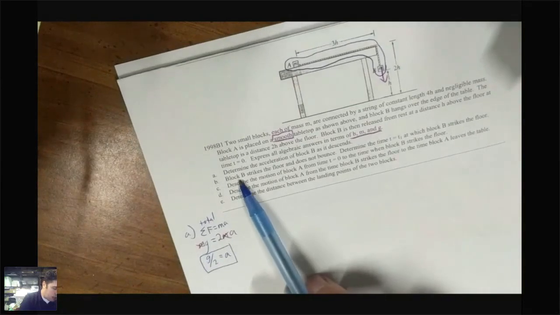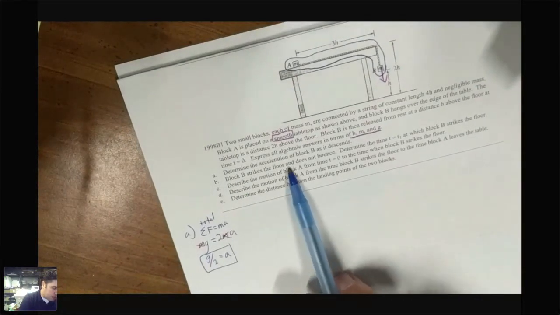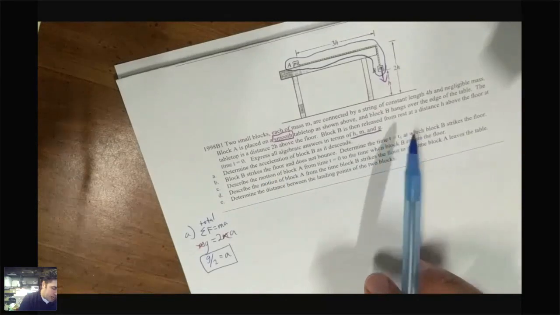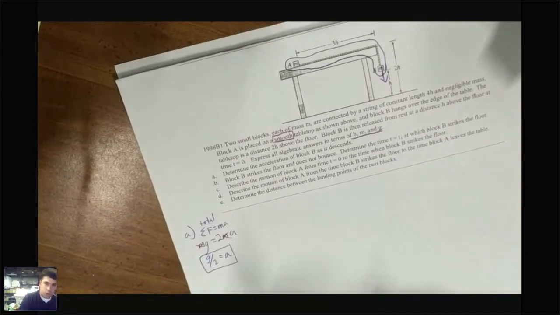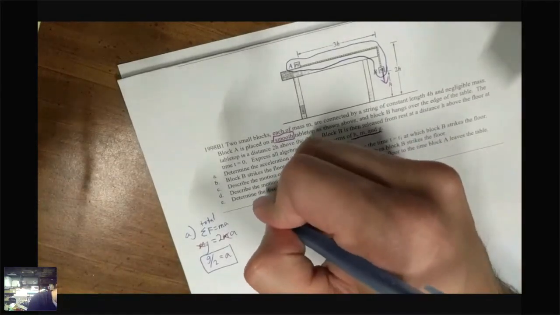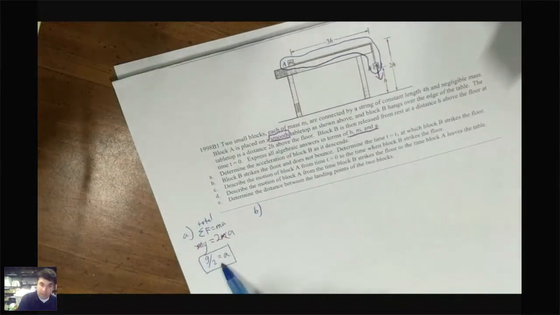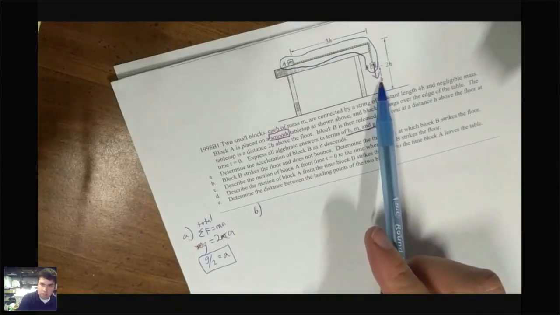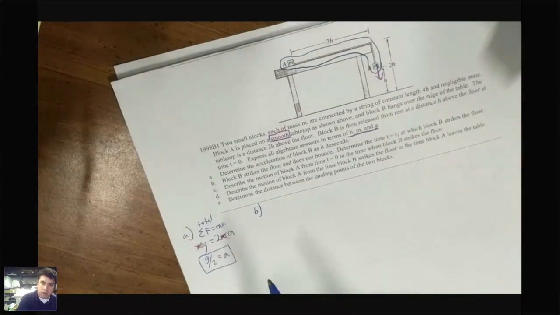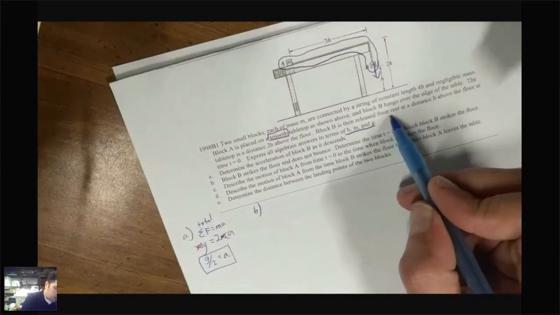Okay. Part B. Block B strikes the floor and does not bounce. Determine the time at which block B strikes the floor. All right, this one looks like kinematics. Block B is accelerating down with that acceleration, g over 2. And it has to fall a distance of h before it hits the ground, and it's released from rest.